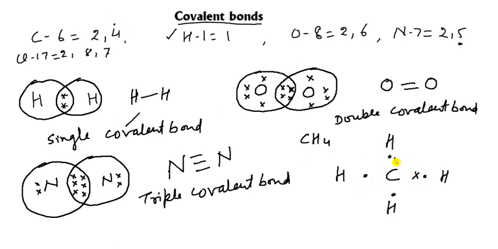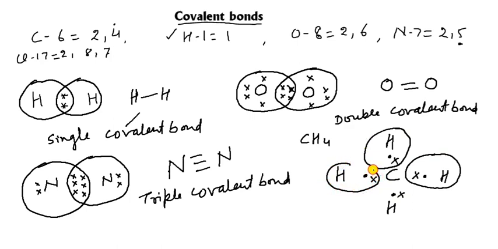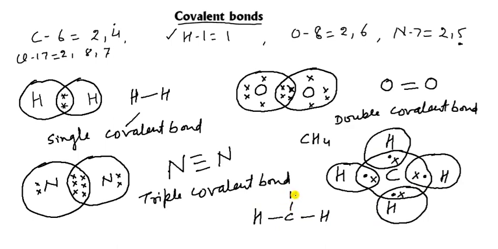Carbon has 4 electrons, and they share one electron with each hydrogen.